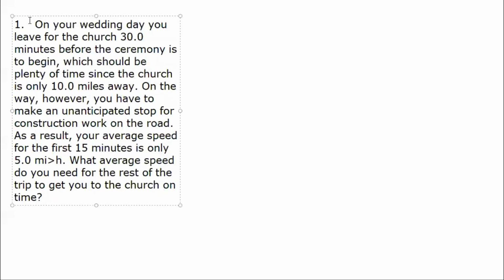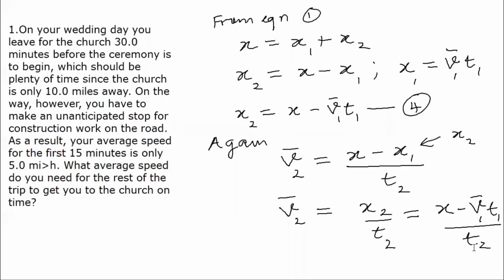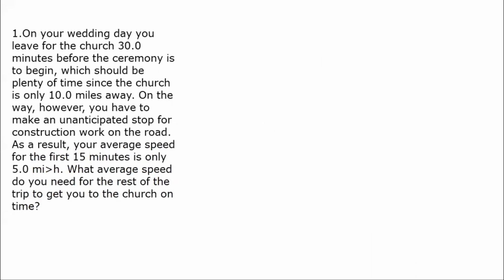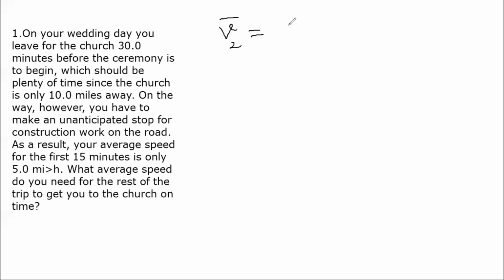So again, I want to write my equation so that I'm looking at it. Let me write this V2. The average V2 is equal to x minus v1 t1 over t2. This V2 is actually what I'm looking for.